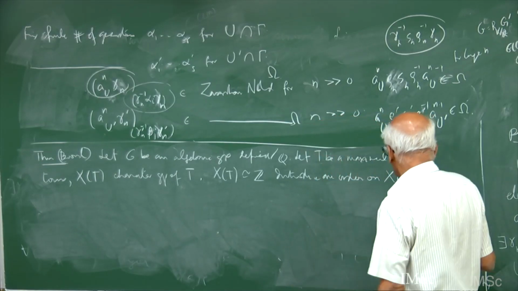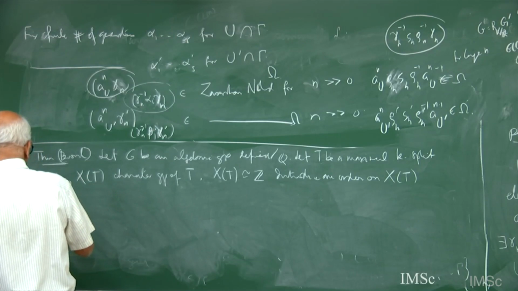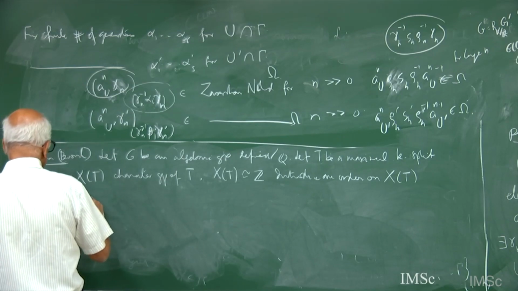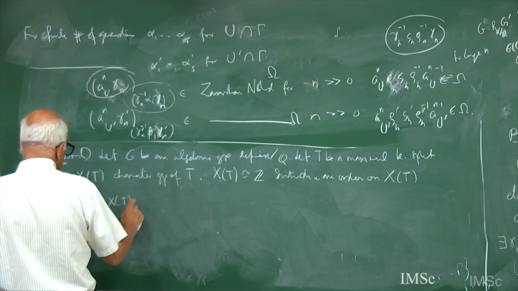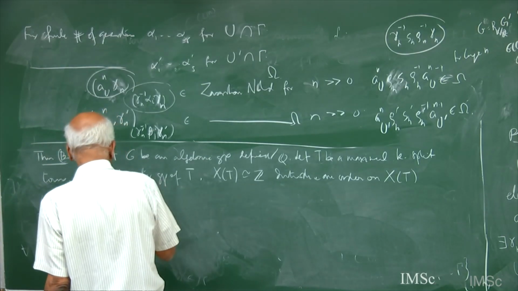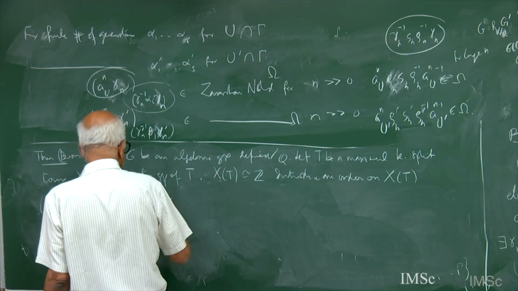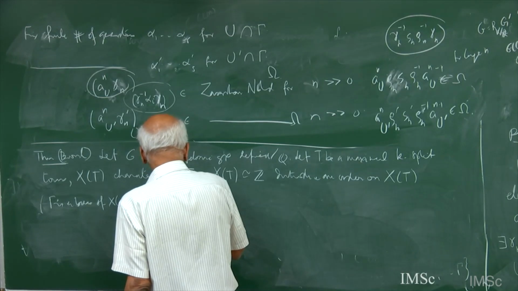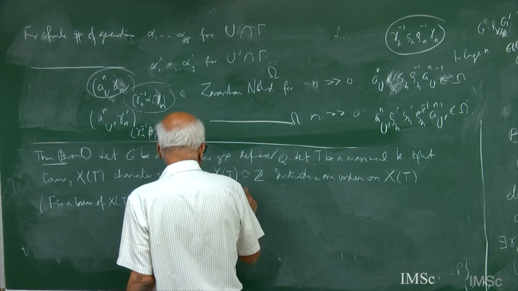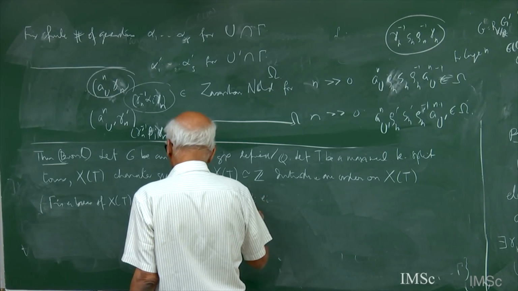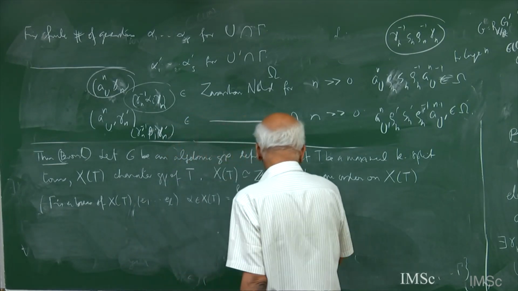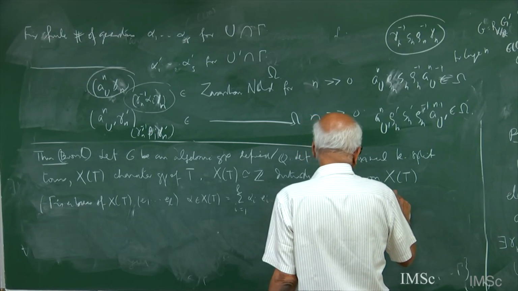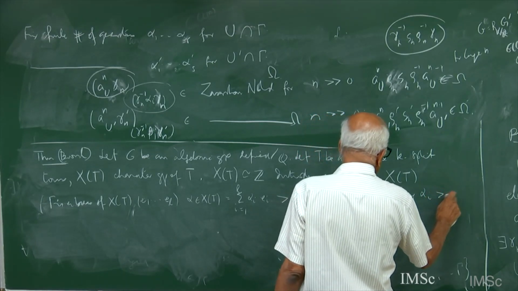That is, see, fix a basis of X(T), say fix a basis e1, e2, ..., eL, and alpha in X(T) equals the sum over i equal to 1 to L of alpha_i e_i is greater than 0 if the first non-vanishing alpha_i is greater than 0.